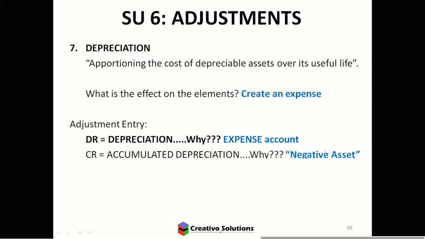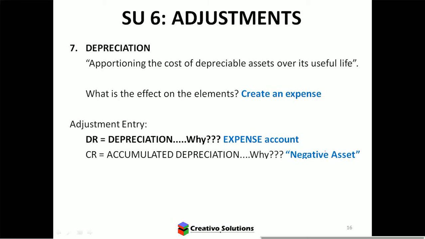Accumulated depreciation. What does accumulated depreciation do to the asset's value? It decreases it. So the more assets I've got and the more depreciation I've got, the less the carrying value.